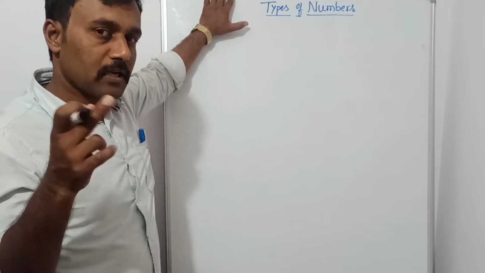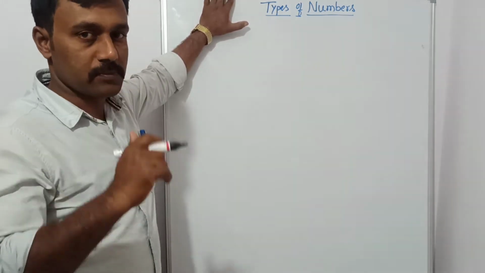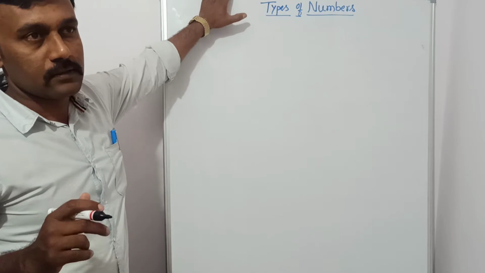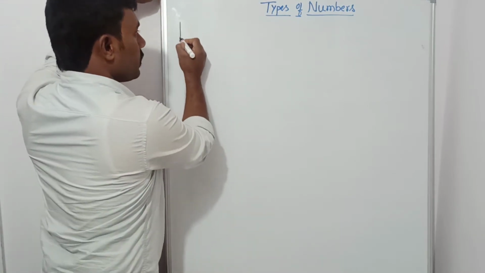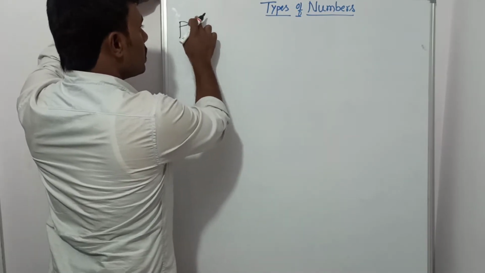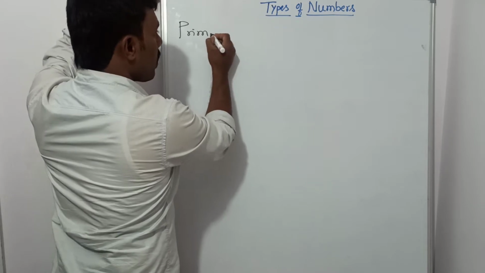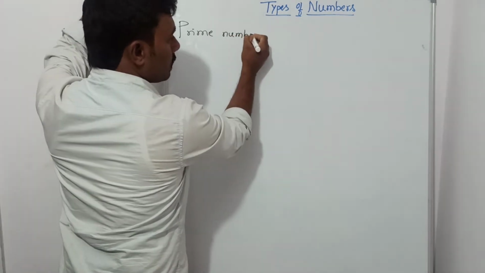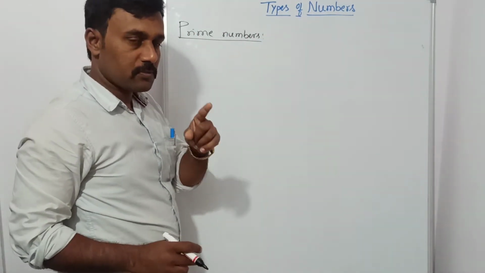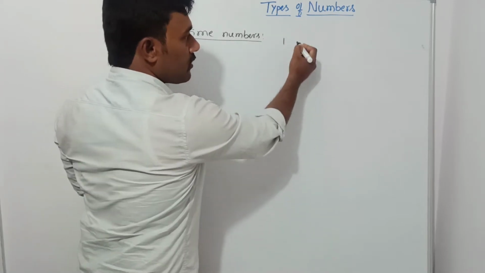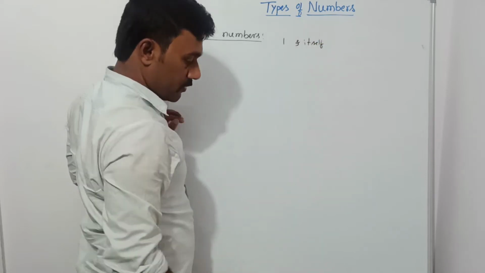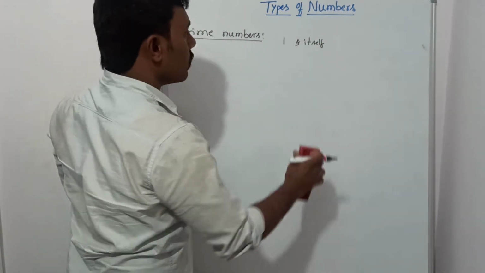Then again, the numbers are classified into two types, prime numbers and composite numbers. A number which is divisible by 1 and itself is called a prime number.